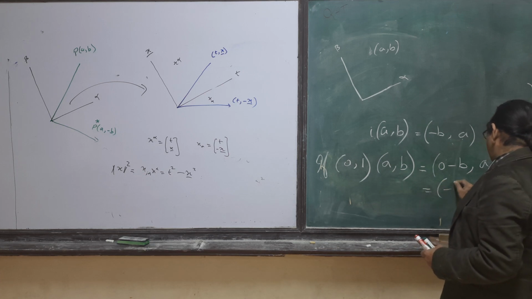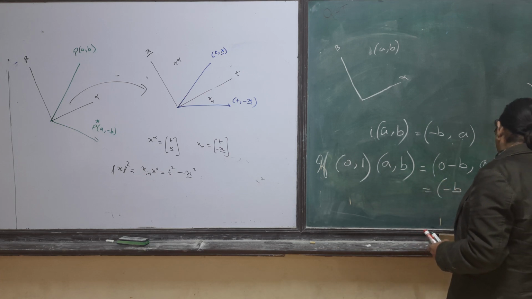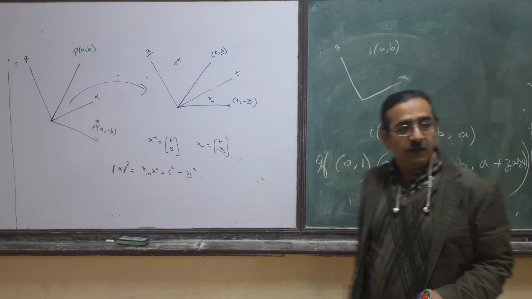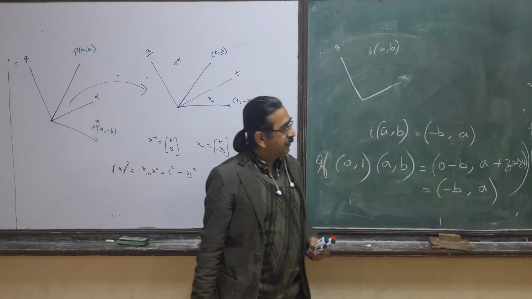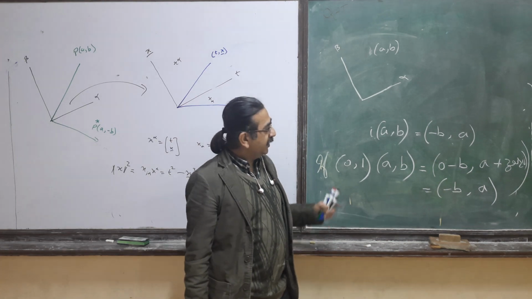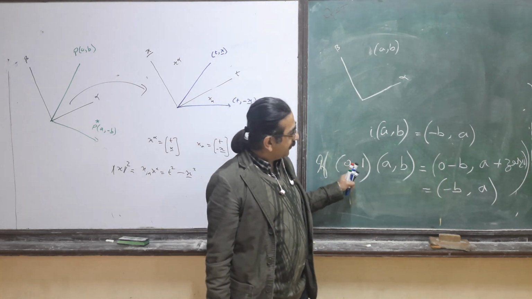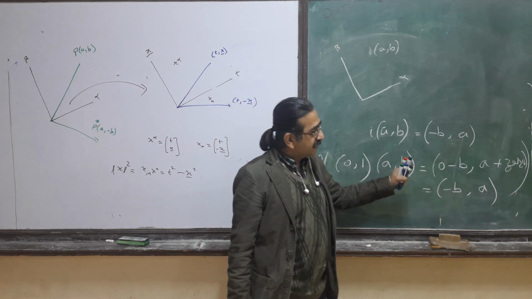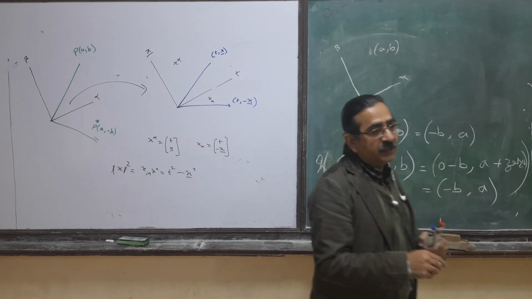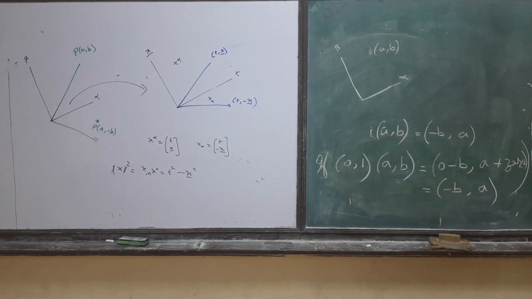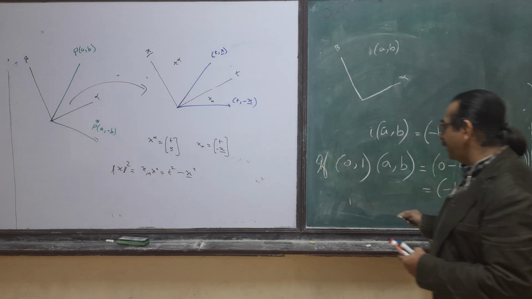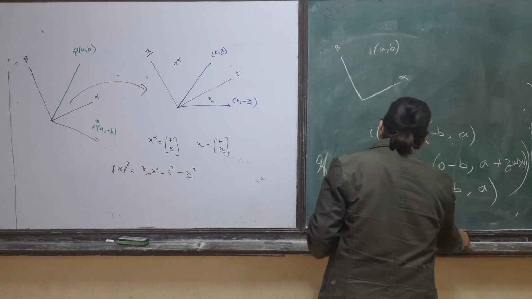This will be minus B, A. Okay. So when we multiply iota with A, B, then the ordered pair will be changed. Okay. So real may become complex, and complex may become real. The ordered pair.